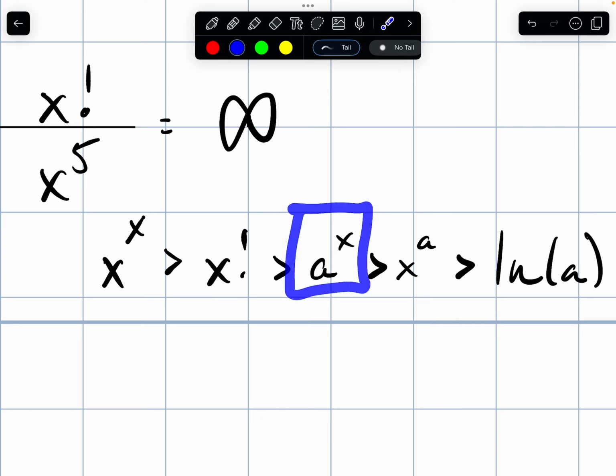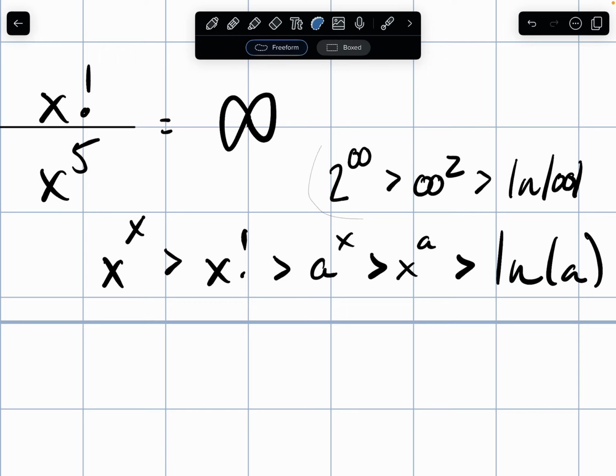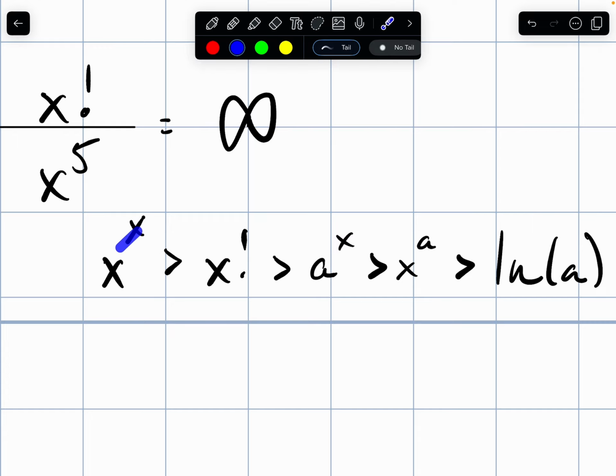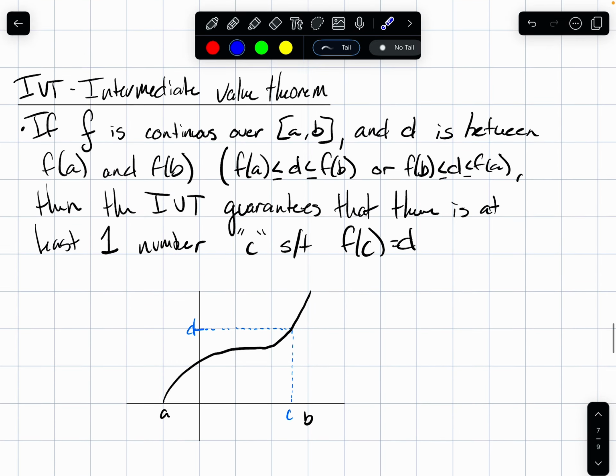If I have a number to infinity, so this is basically saying like 2 to the infinity is greater than infinity squared, which is then bigger than natural log of infinity. So that's basically what that is saying. This is going to be important to write down. For questions like this, it makes it really easy. You just find whatever the largest is. And if it's on the top, it's infinity. If it's on the bottom, it's 0.